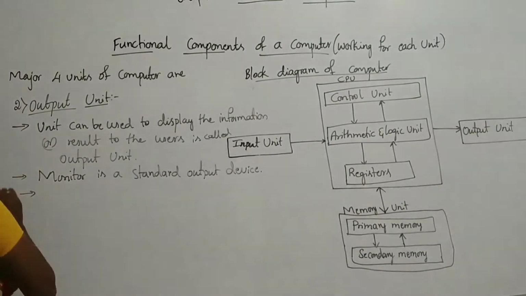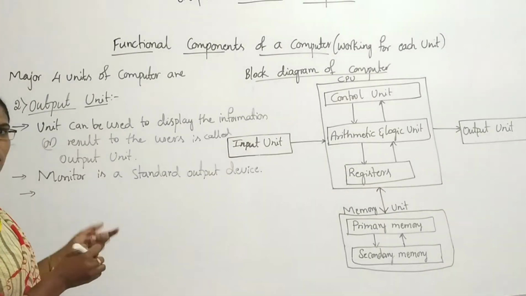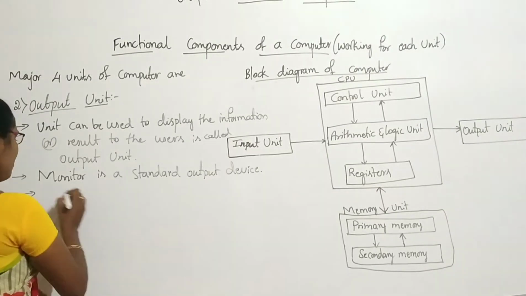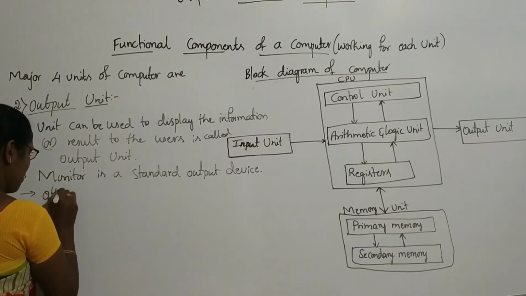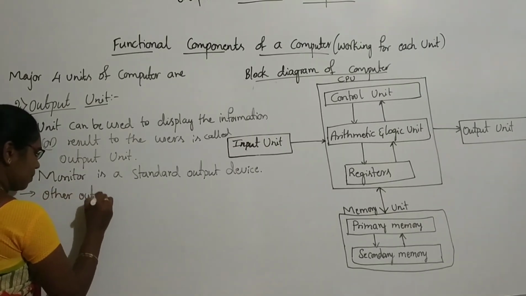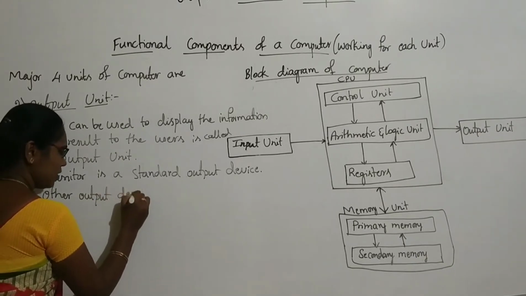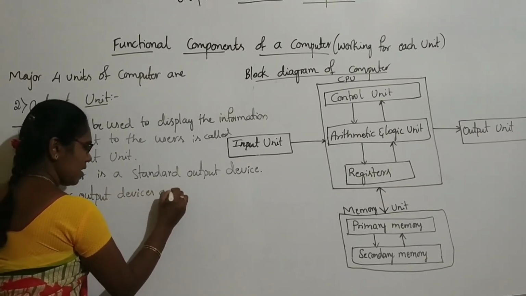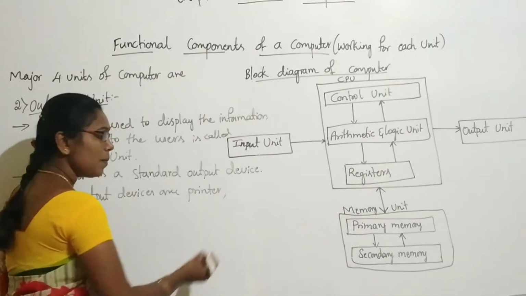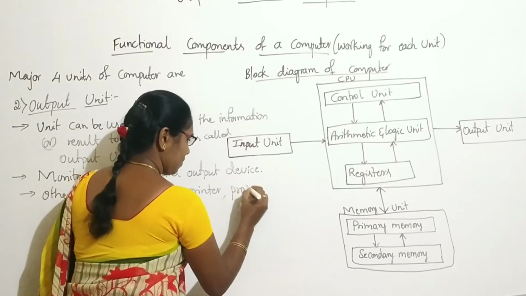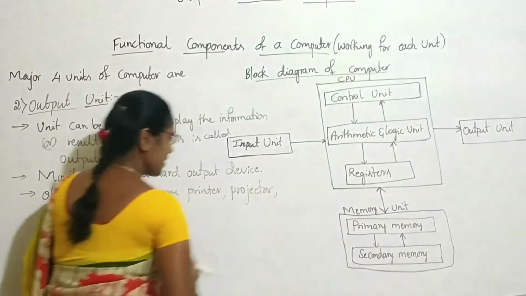Other output devices are available in the market. What are the other output devices? Means we are using a printer. Printer is an output device. Projector is an output device.